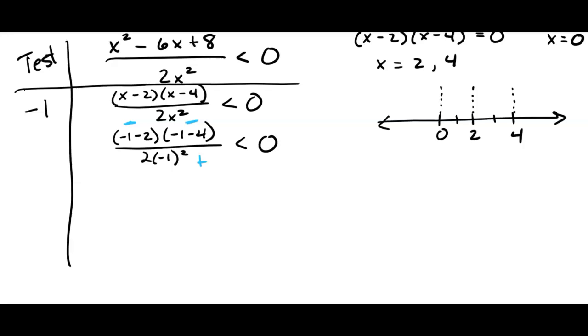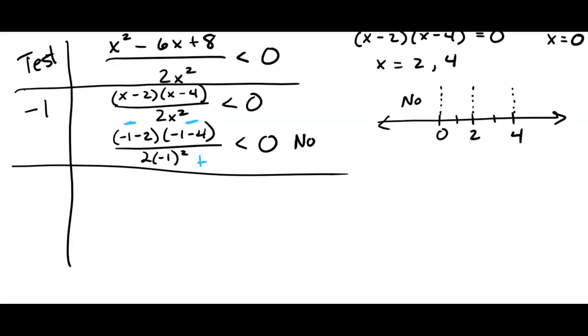And is a positive number less than 0? No. So I wound up doing this one in blue, but I don't like the blue. I'll save that for another example. Okay, so no, this one doesn't work. So we picked negative 1, and the answer was no.